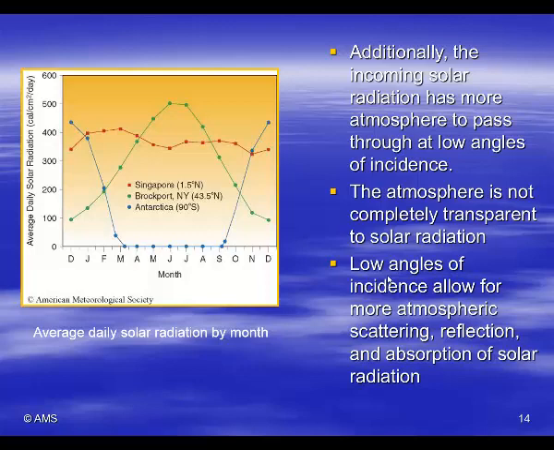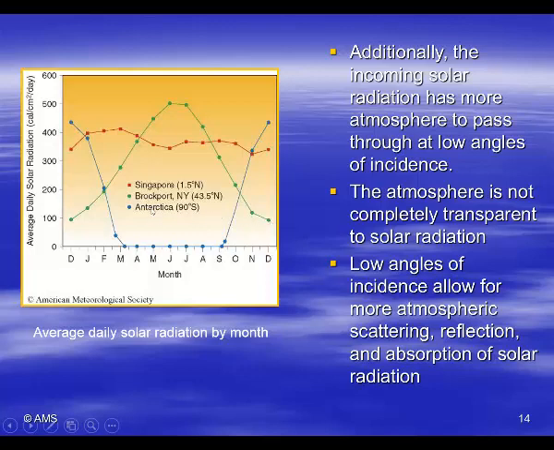If we look at New York, this is about mid-latitude, roughly halfway between the equator and the pole. In the winter, we only get about 100 calories per centimeter squared per day. In the summer, we go up to about 500 calories per centimeter squared per day. And then we're back down to 100 when it becomes winter again.